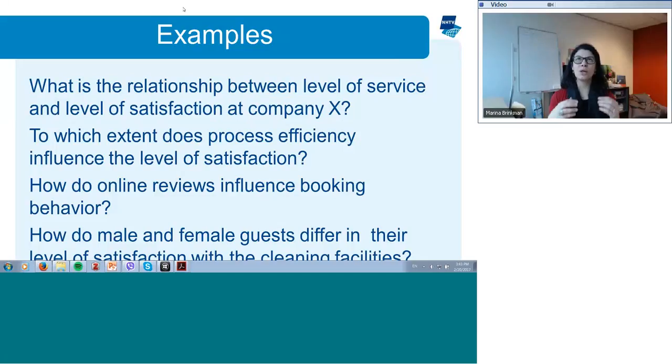What is it you want to be able to say? Would you like to be able to predict which factors influence, for instance, experience and quality, so you'll be able to say to the management of a company, if you change these specific factors, then you can expect that will positively influence quality.